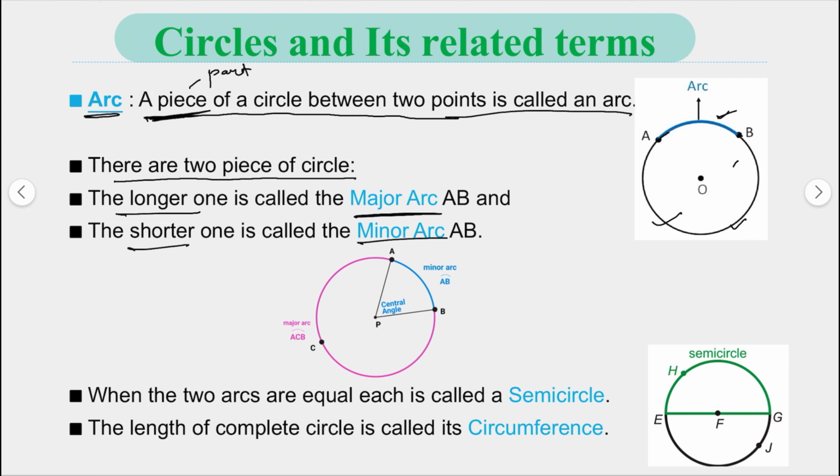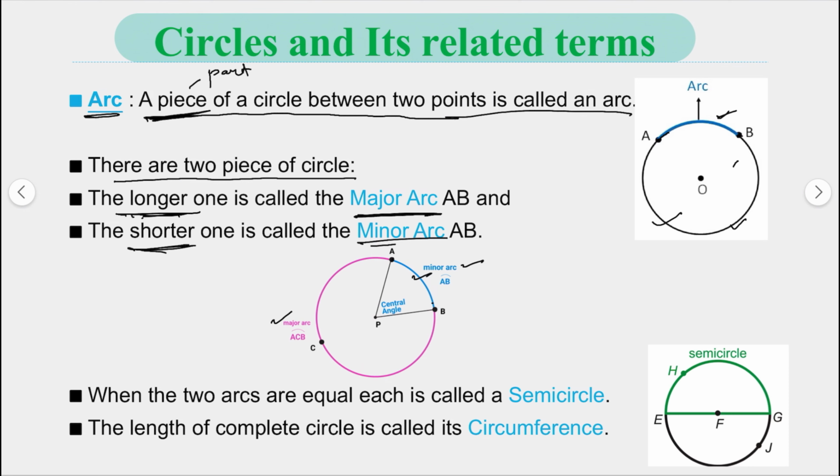Or you can see in this figure, this region between A and B, this smaller one is called the minor arc, and this pink one which is bigger in size is called the major arc. So this is obtained by marking 2 points. Once you mark any 2 points on the circle, that will divide the circle into 2 parts. The smaller one is called the minor arc, and the longer one is called the major arc.